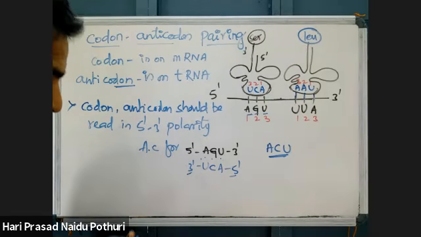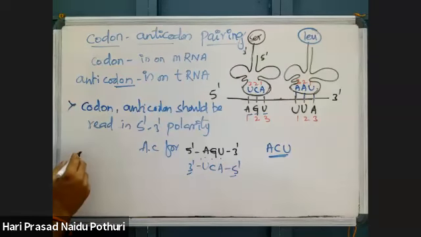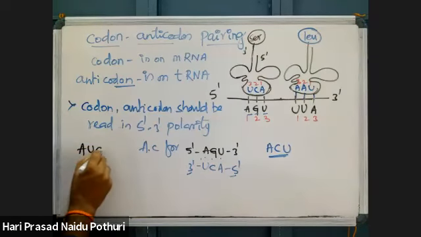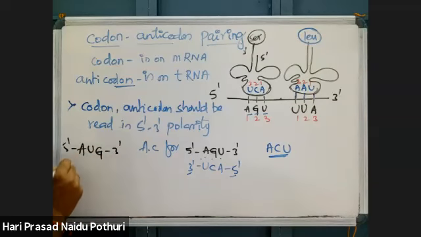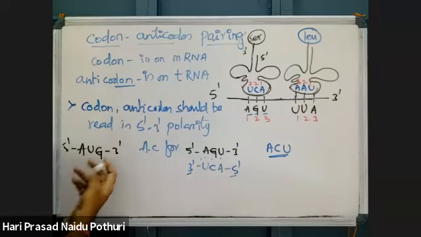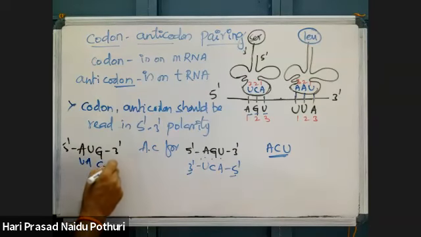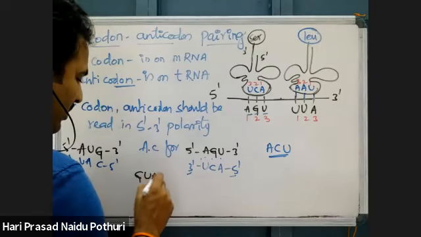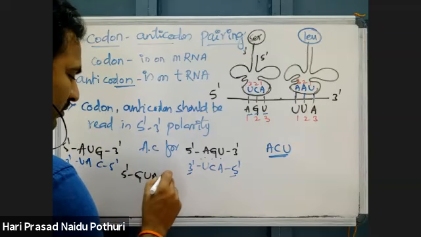Whatever it is. Suppose AUG is there. The anticodon will be what? CAU in 5 prime, 3 prime. Suppose GUA is there in 5 prime to 3 prime.